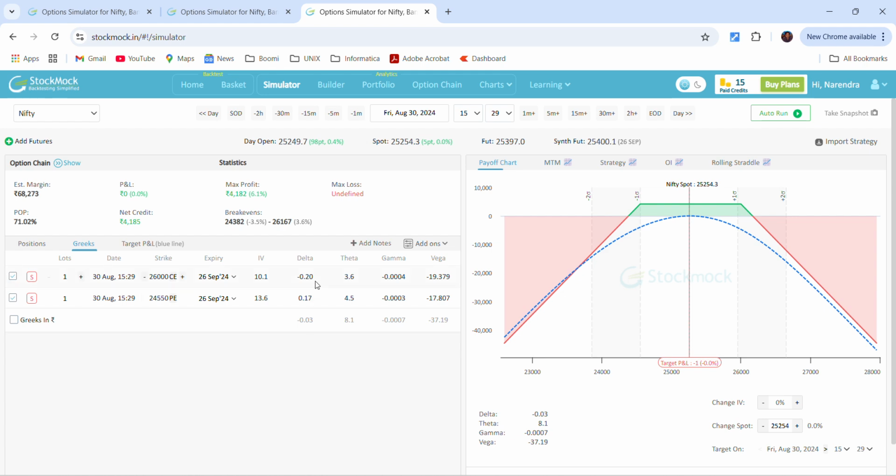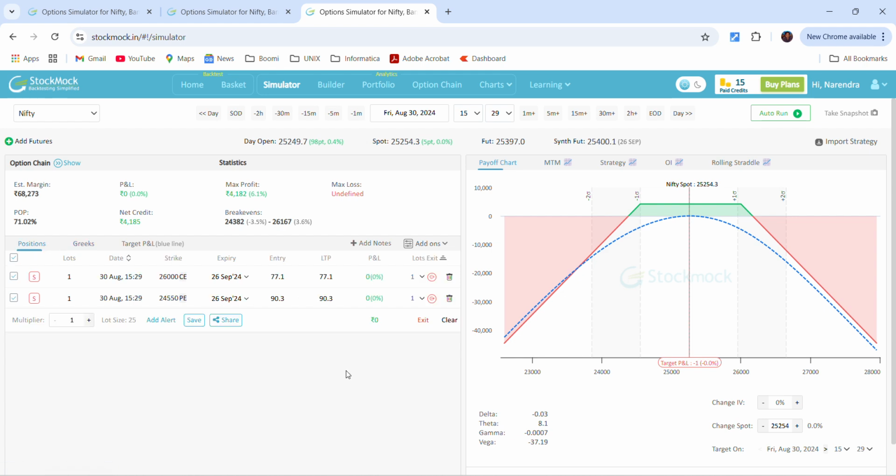The pro traders try to keep this delta always neutral so that they will always be in the profit zone. But for now, we'll make a basic short strangle and see how we can make profit from it. The first rule is you should have conviction that the market will not make big moves. If you think market may move 5% upside and downside, then you can go further away from the at the money and take option trades on both sides.